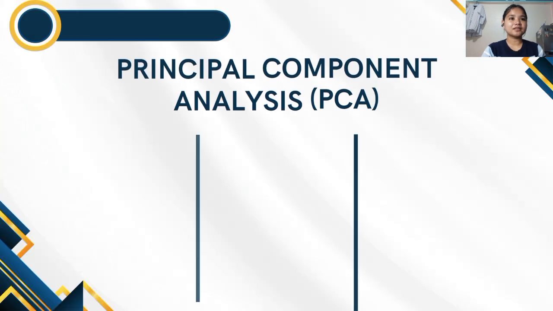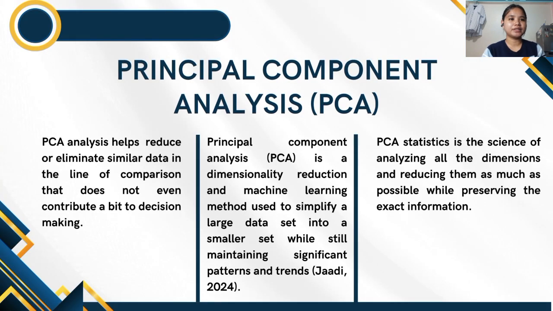Now, let's take a closer look at how principal component analysis, or PCA, works in the context of data analysis. It is a powerful technique that helps us reduce or eliminate similar data points in a comparison, especially those that don't add any meaningful value to the decision-making process.